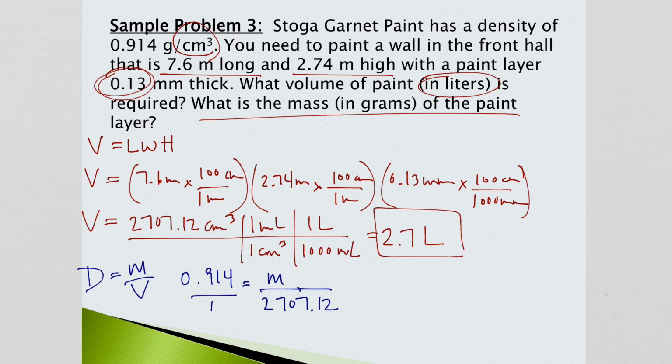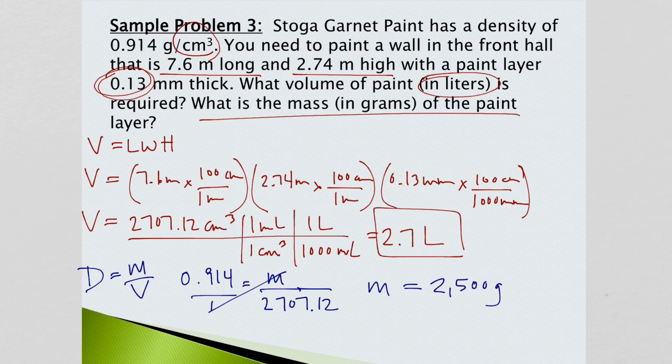This is going to be cross multiply again, so m times 1 is going to be m, and 0.914 times 2,707.12, and this will come out to, now round off to 2 significant figures as you look at your number from your screen and transfer it to your paper. Why 2 significant figures?